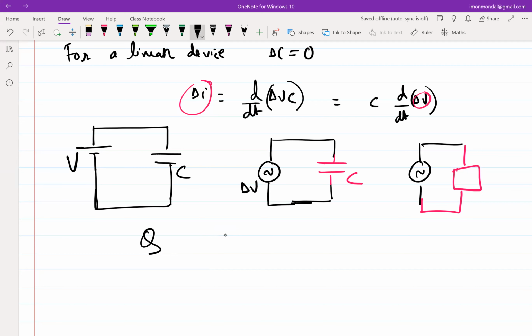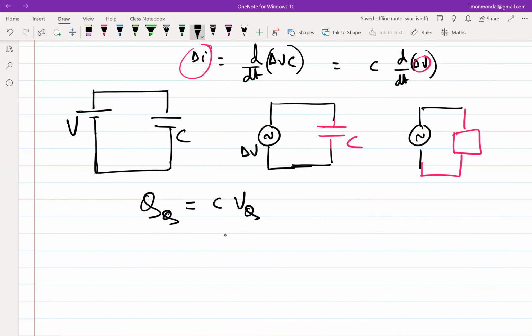Let's say this is the quiescent charge, C V quiescent. So I change voltage from VQ to VQ plus delta V. So the capacitance changes to C plus delta C.